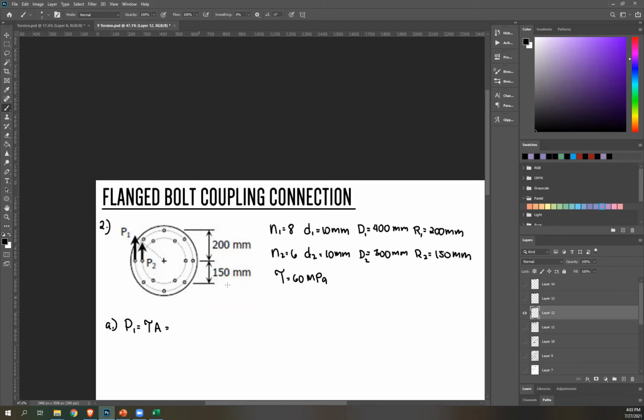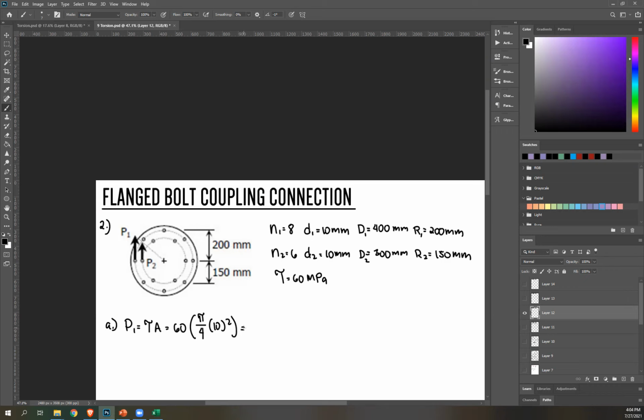Shear stress is limited to 60, so 60, and then area, again, this is a bolt. Cross-sectional area is a circle, so pi over 4, diameter of bolt, 10 millimeter squared.